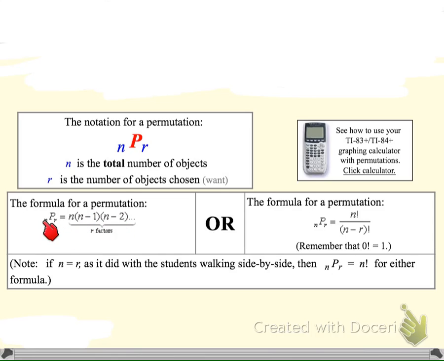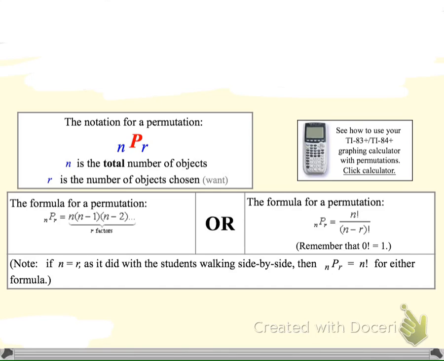For instance, if this was 8P8, this would be 8 times 7 times 6 times 5 times 4 times 3 times 2 times 1, because there's 8 objects and you're asked to do all 8. The N minus 1, N minus 2 is because the first number was 8, and then 8 minus 1 is 7, and 8 minus 2 is 6, and so on. That's what they're showing you there.